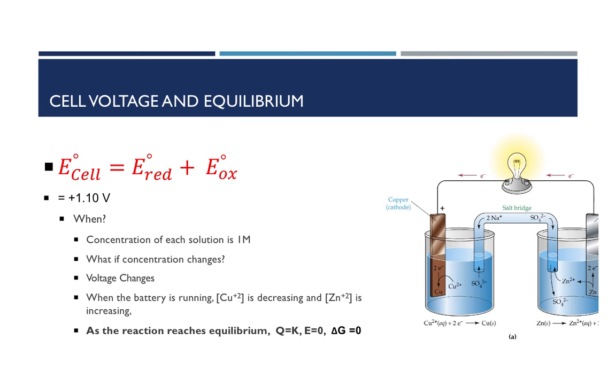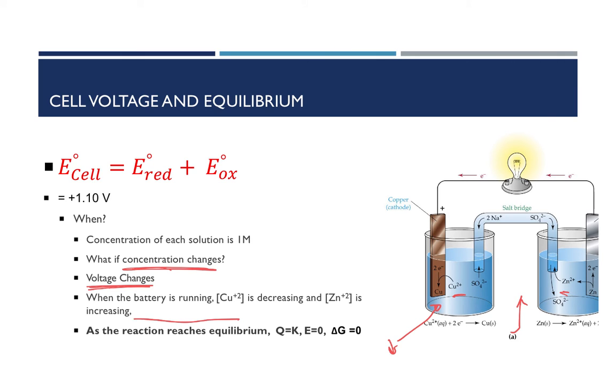If I put those ideas together, we know that if the concentration changes, the voltage is going to change. When that battery is running, the concentration of the copper ions is going down and the zinc ions are going up. Eventually, we'll get to a point where this reaction is in equilibrium.